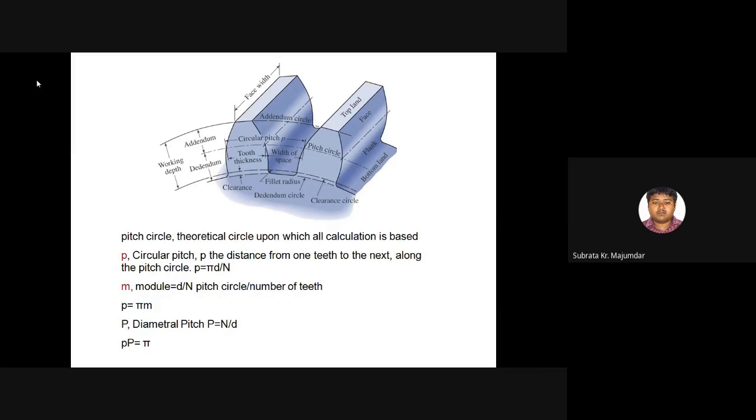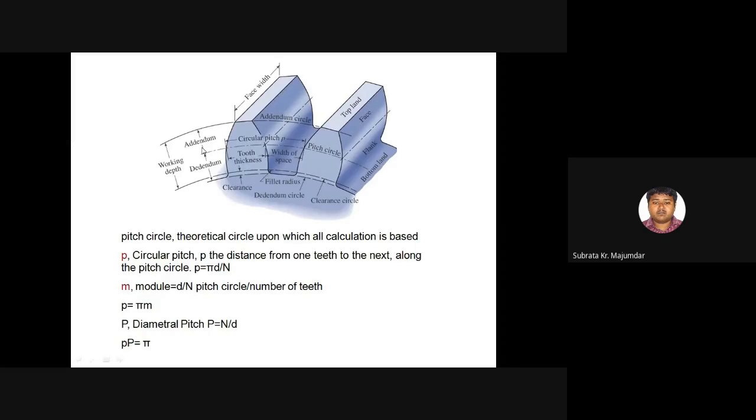Now look at the slide. According to my pointer, this one is the addendum and this one is the dedendum. In definition, what is addendum? It is the radial distance of a tooth from the pitch circle to the top of the tooth. So, this line is the pitch circle. From the pitch circle, the upper portion of the tooth is considered the addendum.